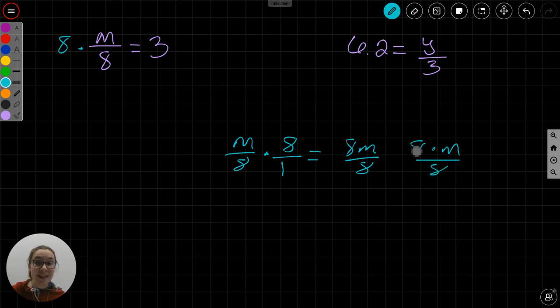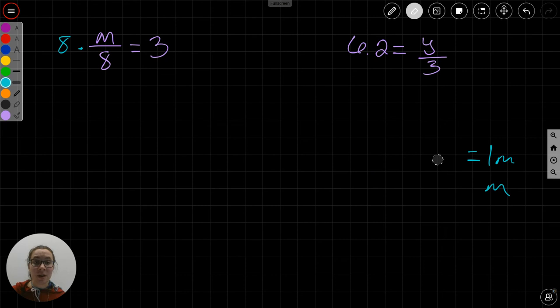The 8 is being divided by the 8, and they cancel, leaving me with just one m, or just m. Now that's a little bit of a complicated explanation for why that works, or you can trust me when I say these two things cancel. If I multiply by my denominator, the denominator cancels out.